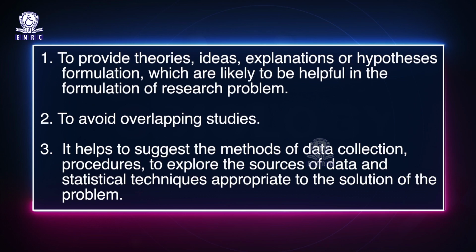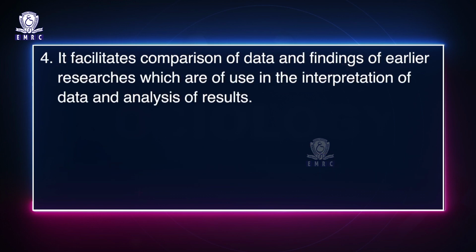Thirdly, it helps to suggest the methods of data collection, procedures to explore the sources of data and statistical techniques appropriate to the solution of the problem. Fourthly, it facilitates comparison of data and findings of earlier researches, which are of use in the interpretation of data and analysis of results.